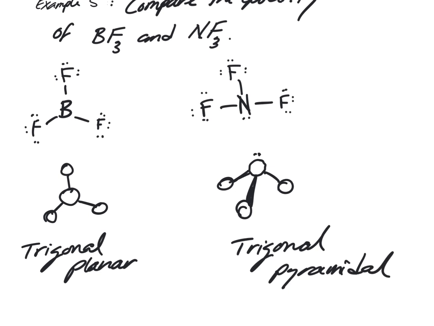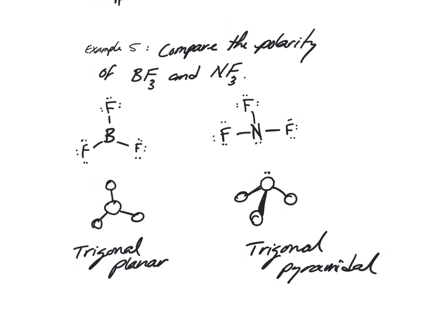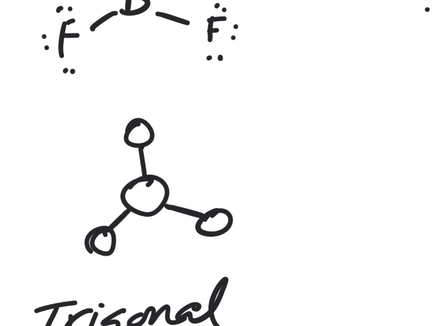The question now is, do we have polarity in either one of these molecules? Now fluorine is very strongly electronegative. So let's take a look at how electrons are going to be pulled within boron trifluoride.